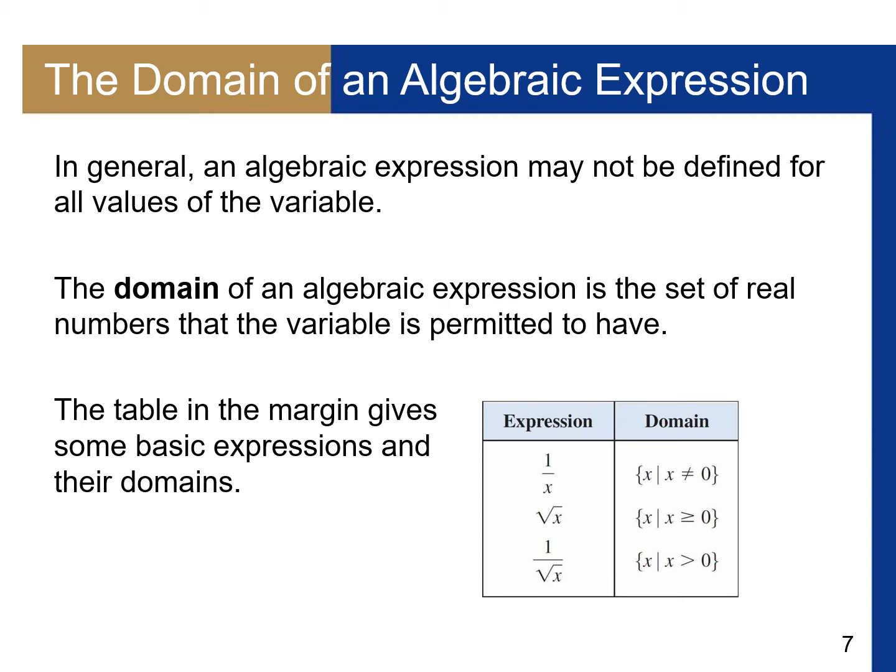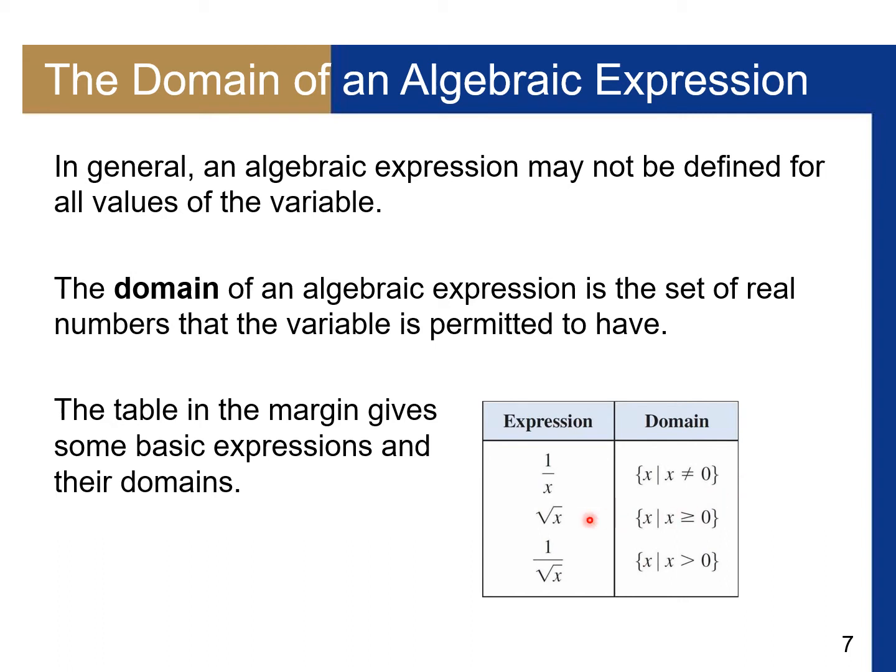In general, you can use this chart below to help you remember some basics about finding the domain. If you have a variable on the bottom of a fraction, this bottom cannot be 0. So you have to make sure that you cannot have numbers in your domain that would make it become 0.